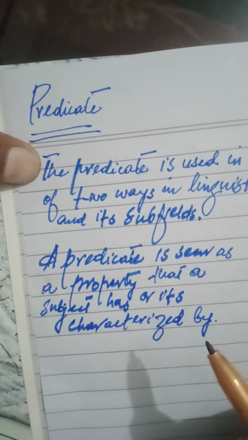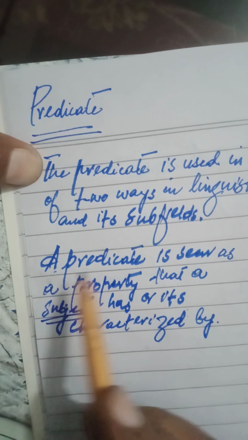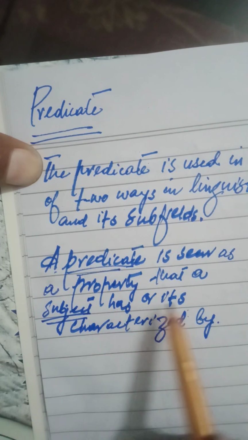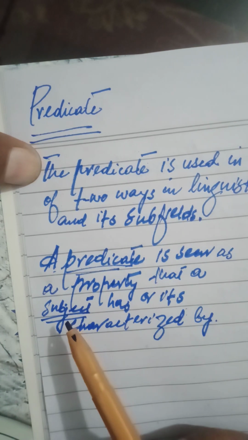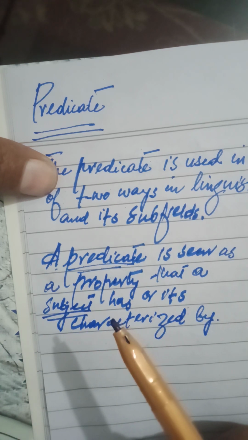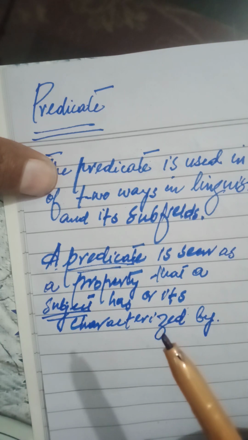So a predicate is seen as a property that a subject has or is characterized by. It defines the actions and the attributes of the subject. In other words, we must have a subject to speak about and we must say or predicate something about the subject. So simple.